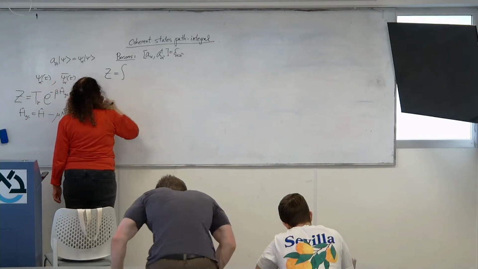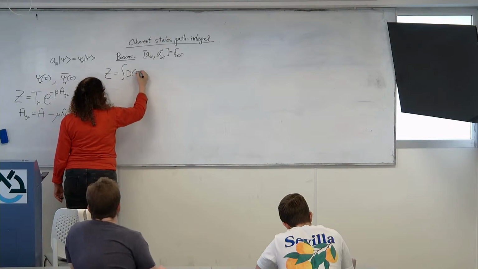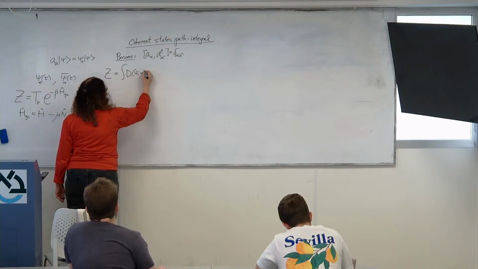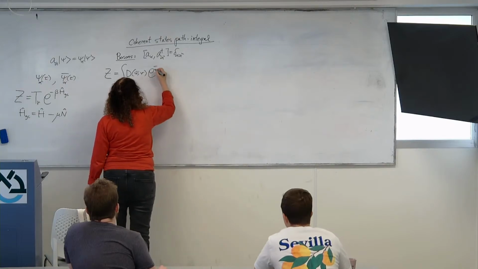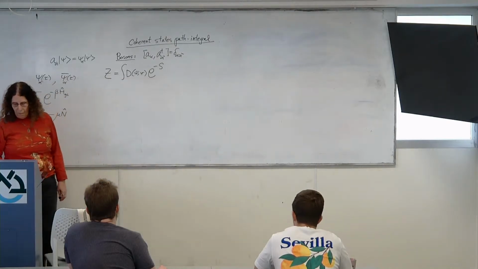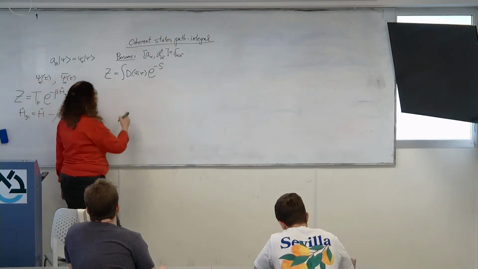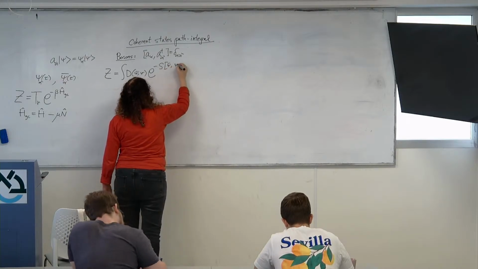We can represent Z as the path integral over e to the minus S, where S is a functional of the fields psi and psi bar.